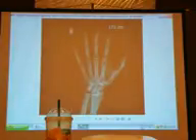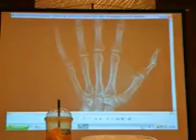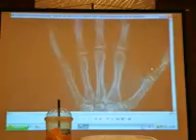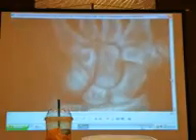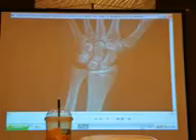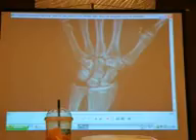This is a male patient, and it's an X-ray taken by the lab. I will look first at the sesamoid, and you see the sesamoid clearly present, and then we look at the pisiform, which is clearly present.